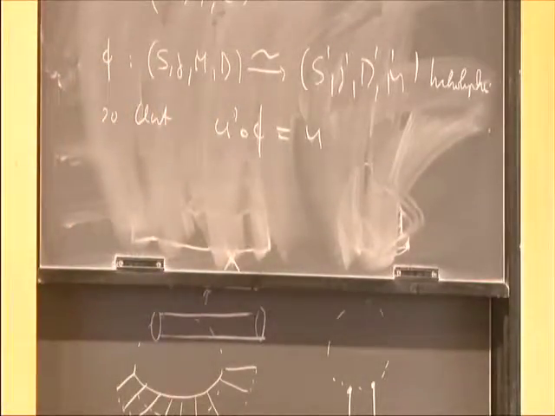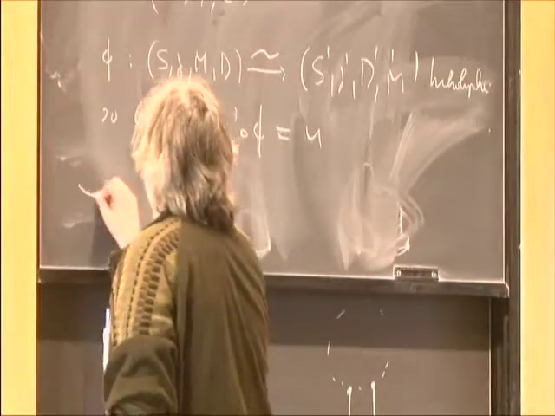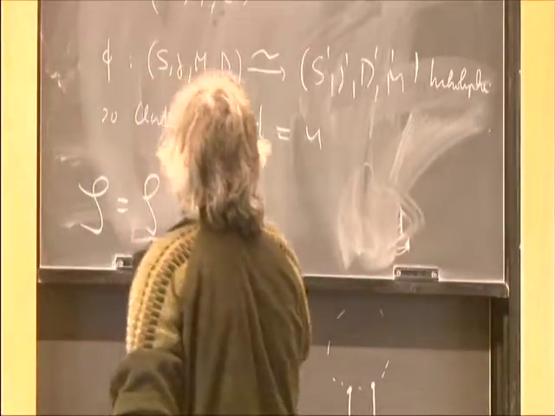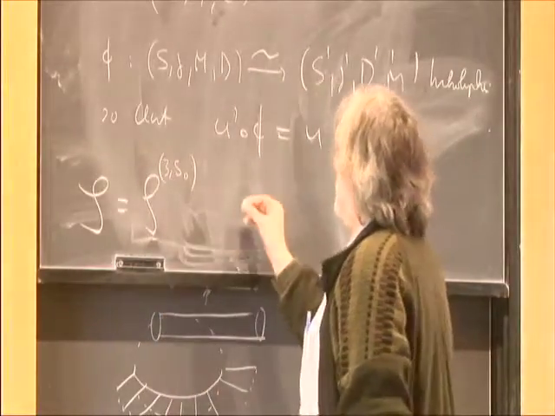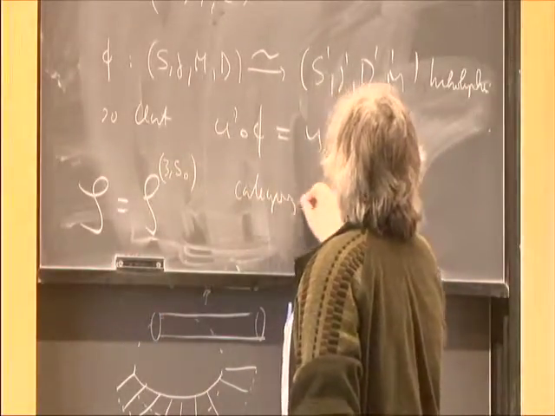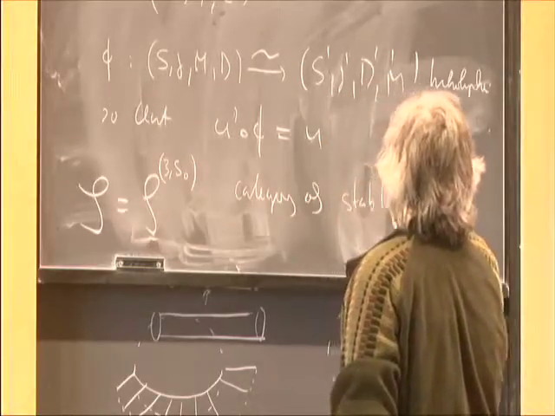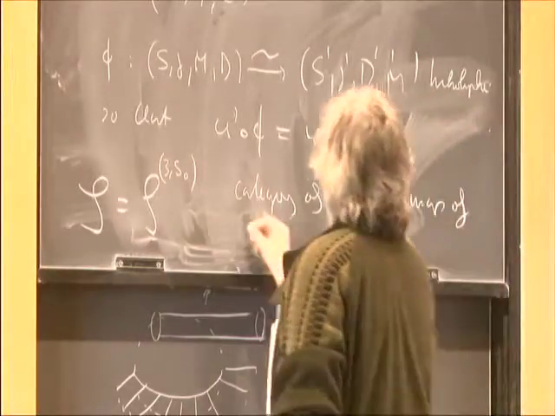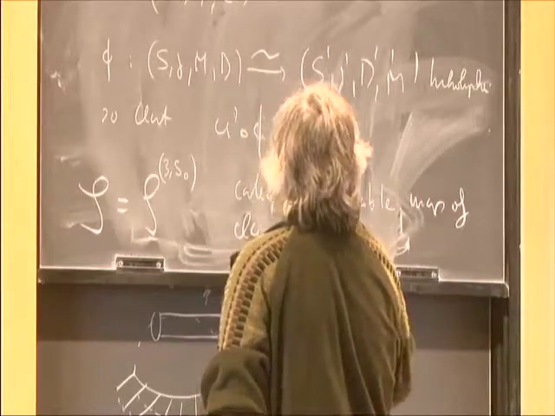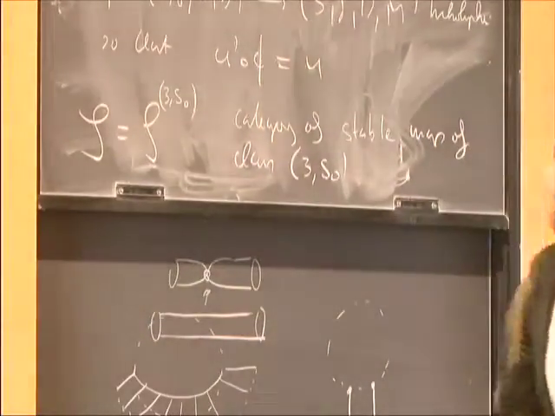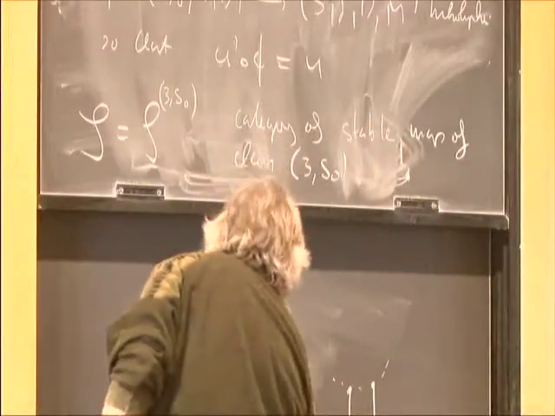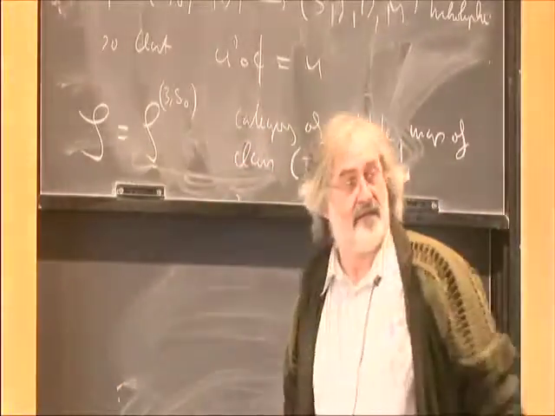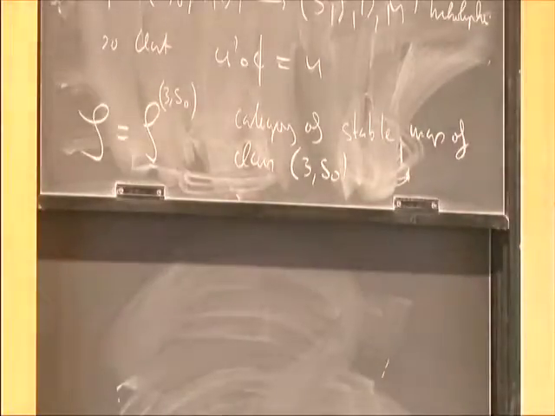You can compose them. So now we have a category, and this is the category of stable maps of class 3 delta 0. The objects are these 5 letters in a bracket, the stable maps, and the morphisms are these guys.